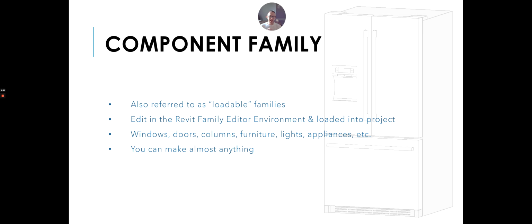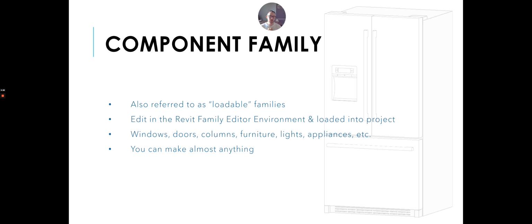But in order to edit or create a loadable family, you have to edit it or create it in something that's called the Revit Family Editor environment. And we'll briefly touch on this throughout the course. I may teach you how to edit 1 or 2 families.